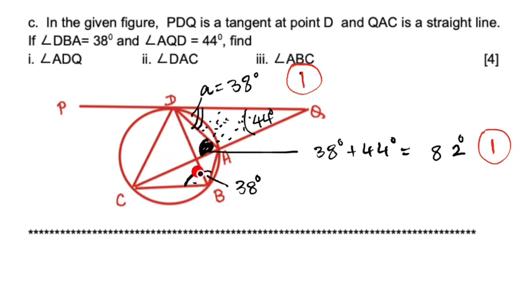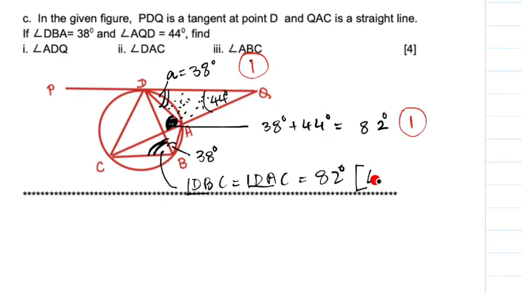So this angle over here, which I'll show with double ring, this angle is going to be equal to angle, let me just write it over here, DBC is equal to angle DAC equal to 82 degrees, and that is because angles in same segment are equal.